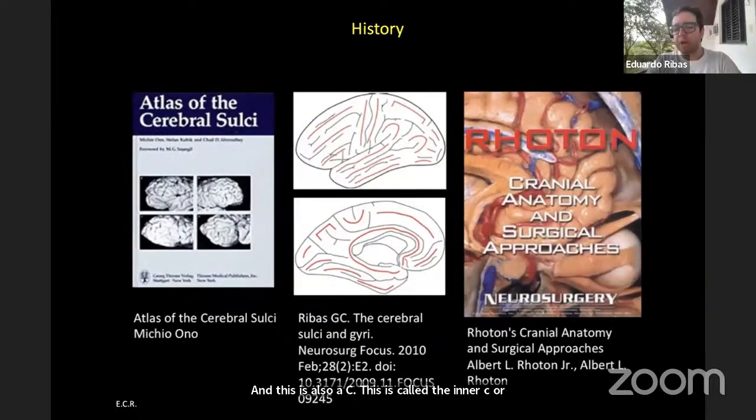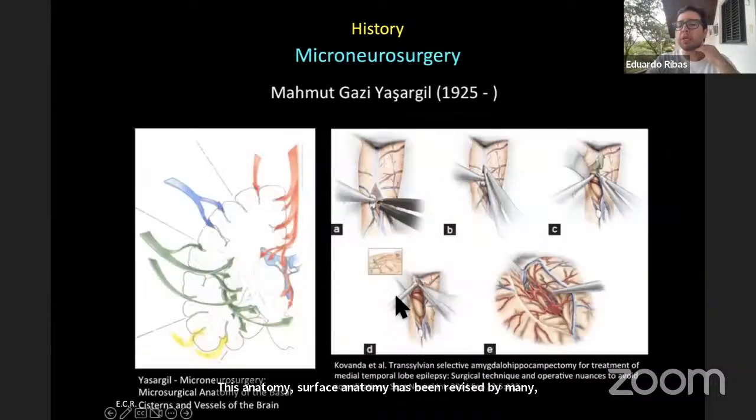This surface anatomy has been revised by many neurosurgeons, because the more recent, more updated neurosurgery is made a lot by the natural corridors of the brain. And to enlarge these corridors, we have to use microdissection techniques.